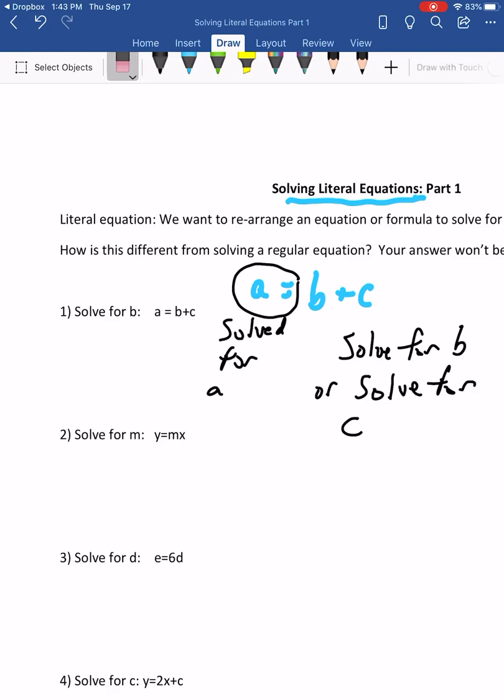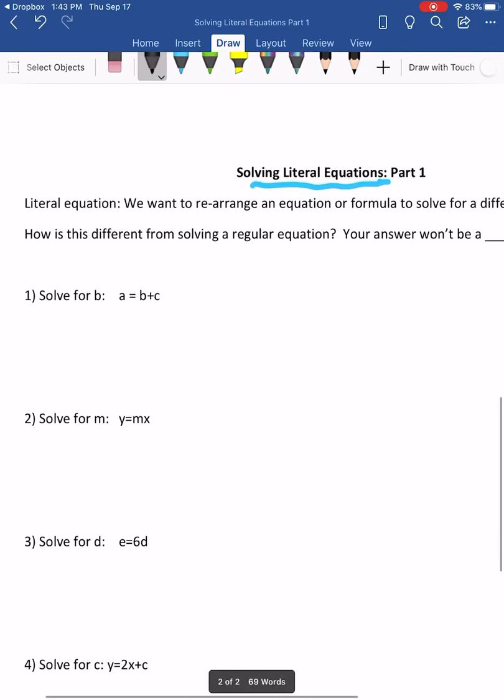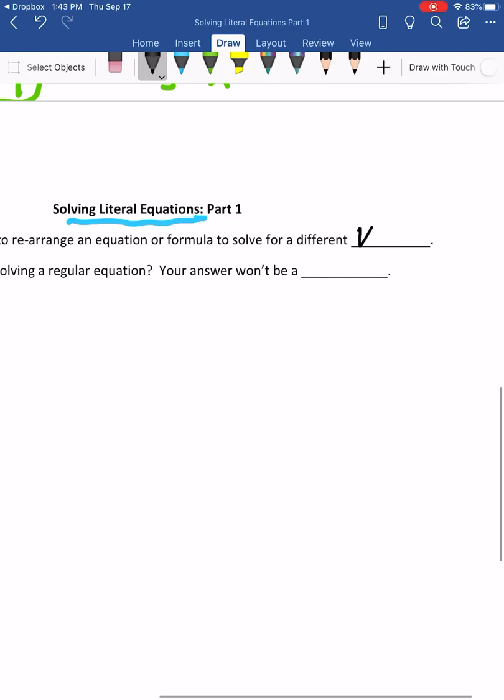Okay? So let's fill that in on our notes. So a literal equation, we want to rearrange an equation or a formula to solve for a different variable. Again, the equation we're just talking about, we want it to begin with a. We want to make it begin with either b or c.